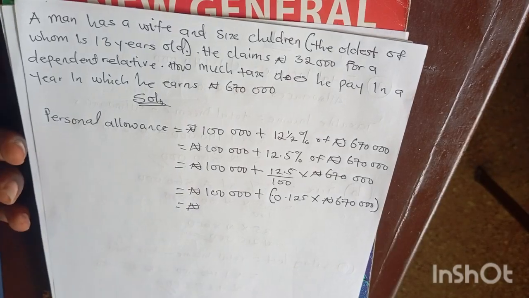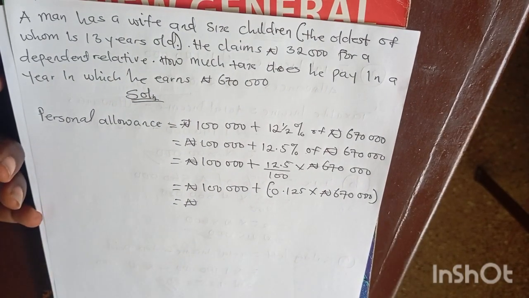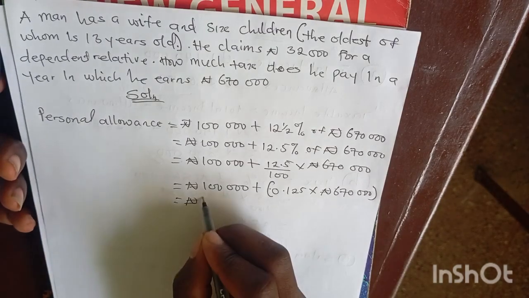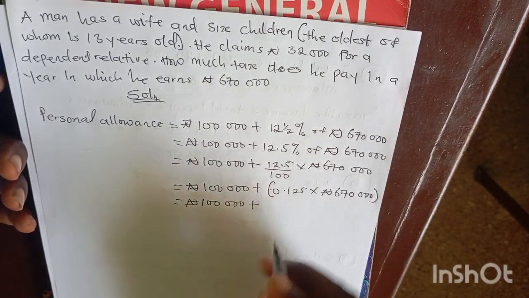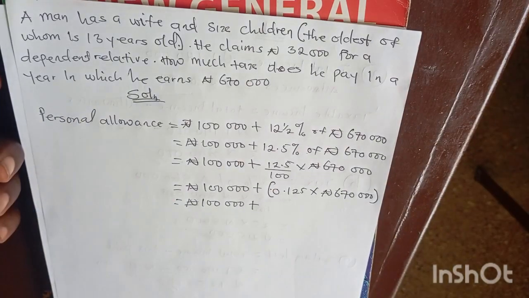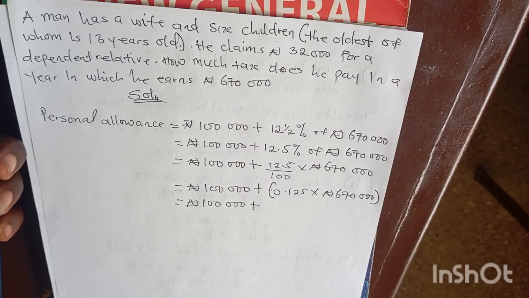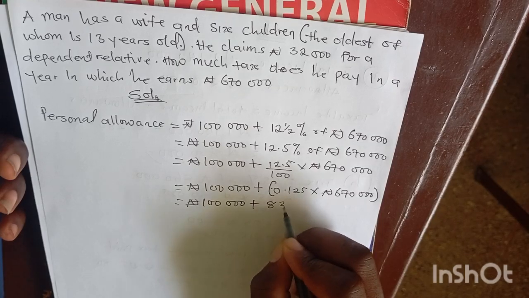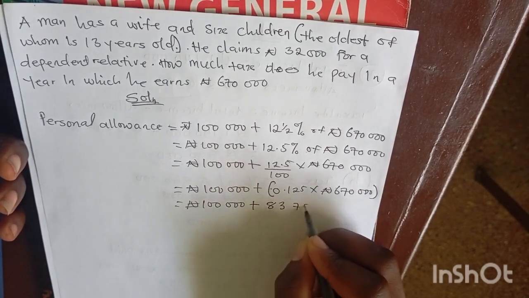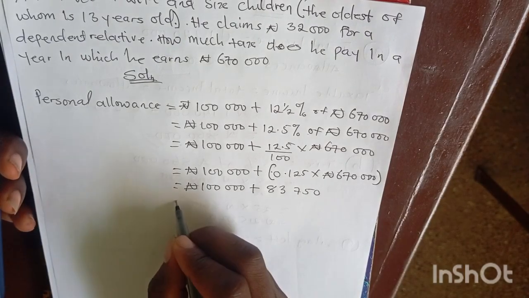I'm just trying to simplify it by making the steps longer, but you can cut short some of the steps if you want. So we now have 100,000 plus, if we multiply this times 670,000, we have 83,750.